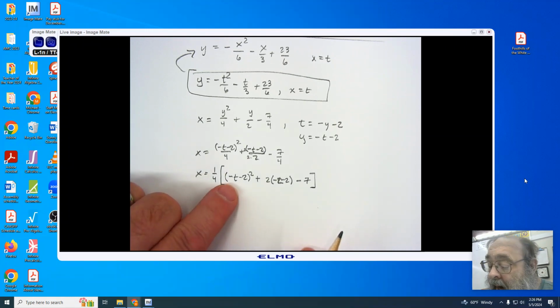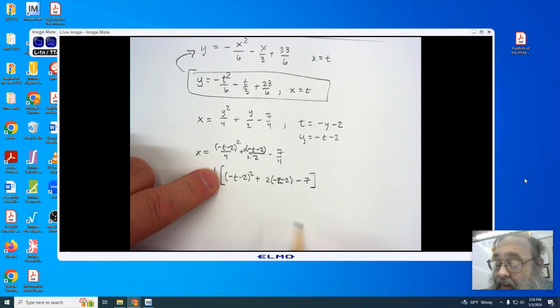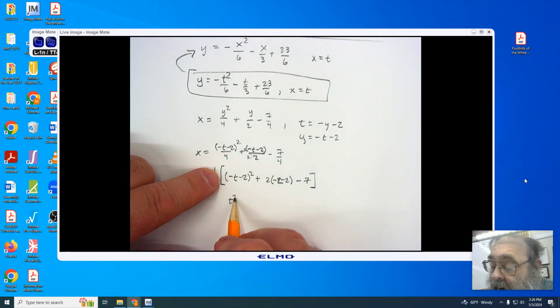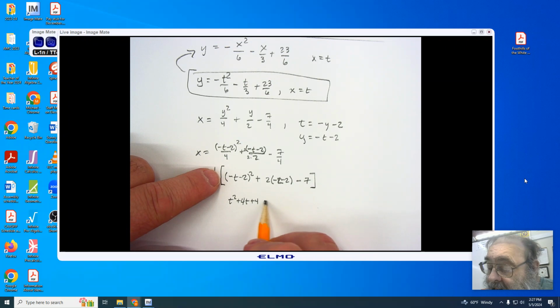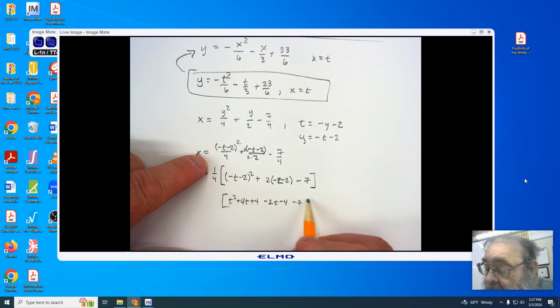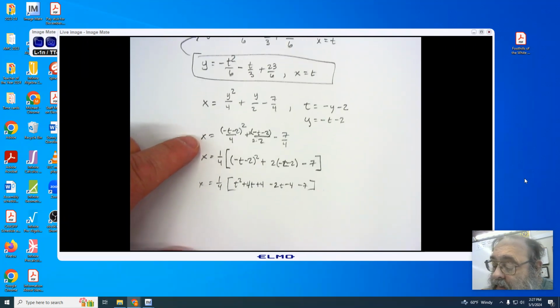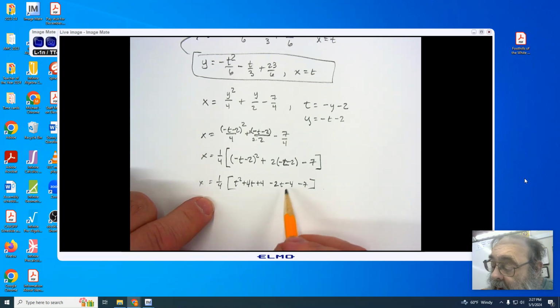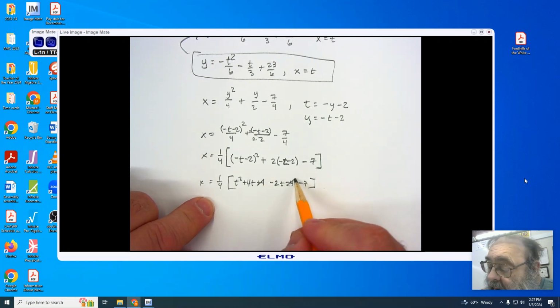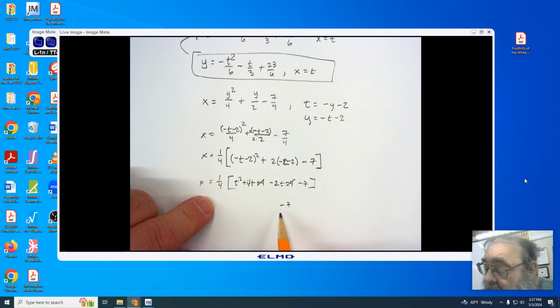All right, here we go. We're now going to FOIL. Now, this is the same thing as t squared plus 4t plus 4. And we have a minus 2t minus 4 and a minus 7, times 1/4, equals x. We're now going to simplify. That's going to cancel here, so I've got a minus 7.